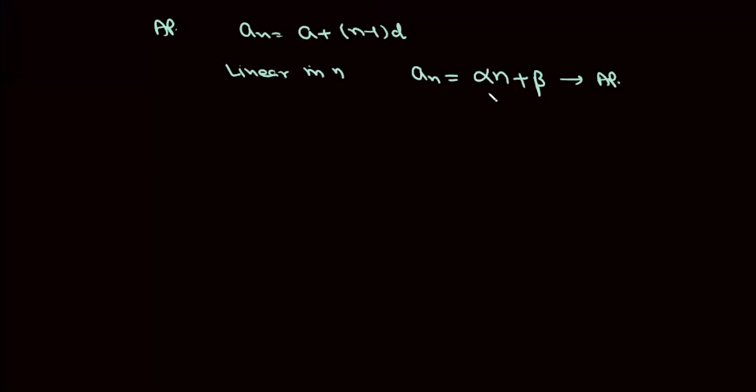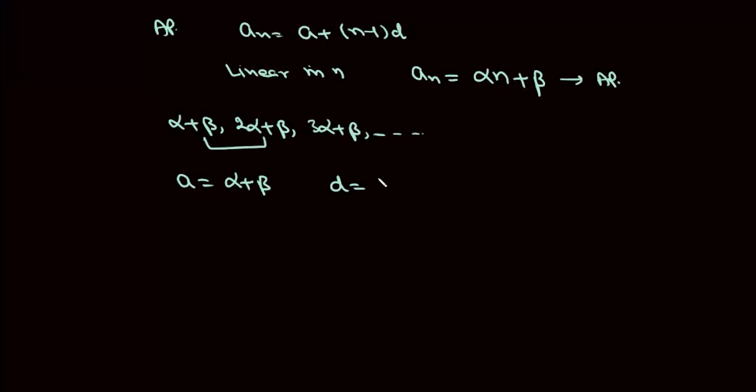And if you want to write its terms, its first term, when the value of n is 1, will be alpha plus beta, then 2 alpha plus beta, 3 alpha plus beta, and so on. So here its first term will be simply alpha plus beta, and its common difference will be (2 alpha plus beta) minus (alpha plus beta). It will be simply alpha.